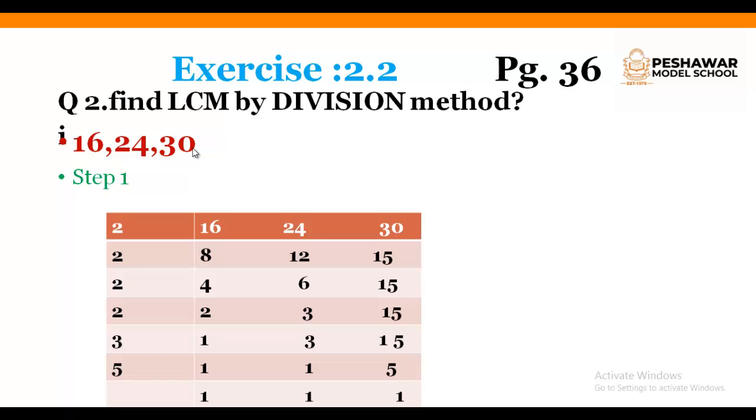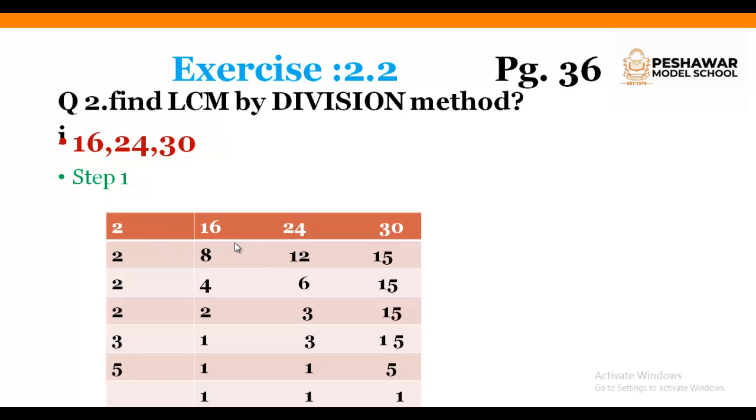According to step number 1, you have to take the combined LCM of the numbers. So 16, 24, 30. First check the smallest table if the numbers are divisible. You have to choose the smallest one, that is 2.